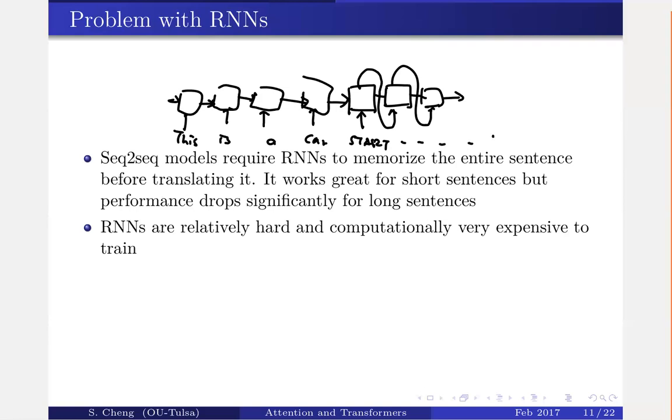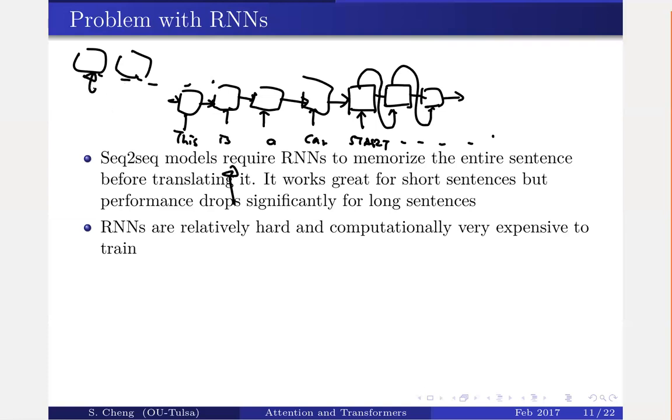Now, the problem with the sequence to sequence model for RNN is that for a short sentence it is doing well, but if you have a very long sentence, then you're trying to extract features from this very long sentence, and when you do the translation for the earlier words, the model may not be able to remember them.